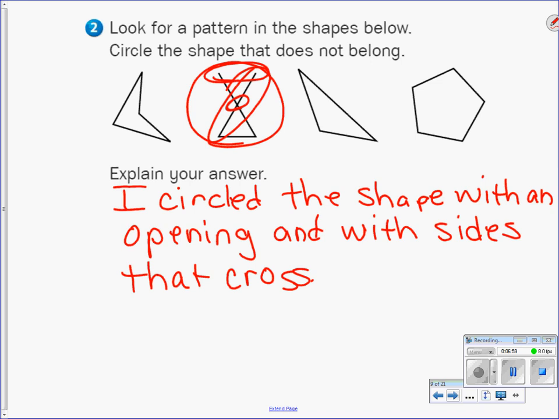And the other shapes don't have any openings and their sides do not cross. And remember, once again, a polygon cannot have sides that cross, and they cannot have an opening.